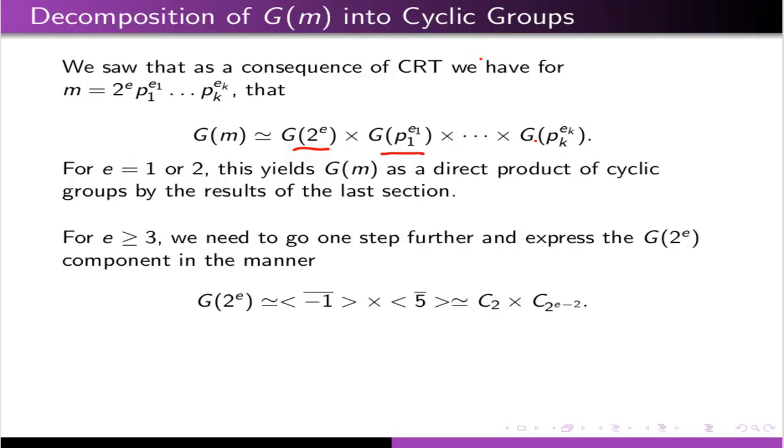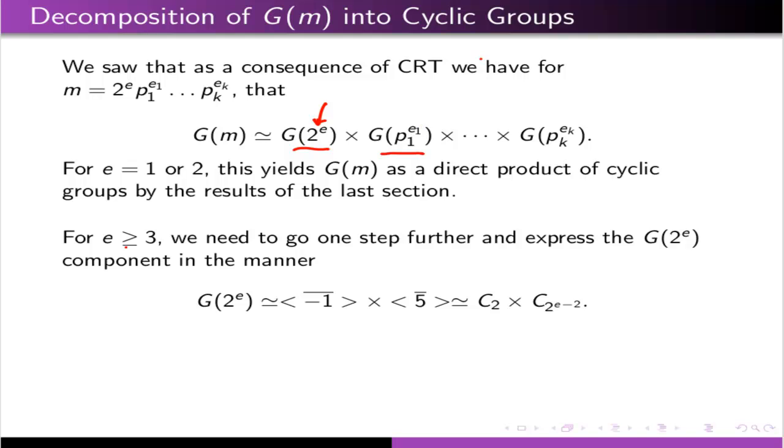So if the exponent e is 1 or 2, so that the first component here is a cyclic group, then we already have Gm as a direct product of cyclic groups by the fact we established last time that for any of these odd powers, G of pi to the ei is in fact a cyclic group.